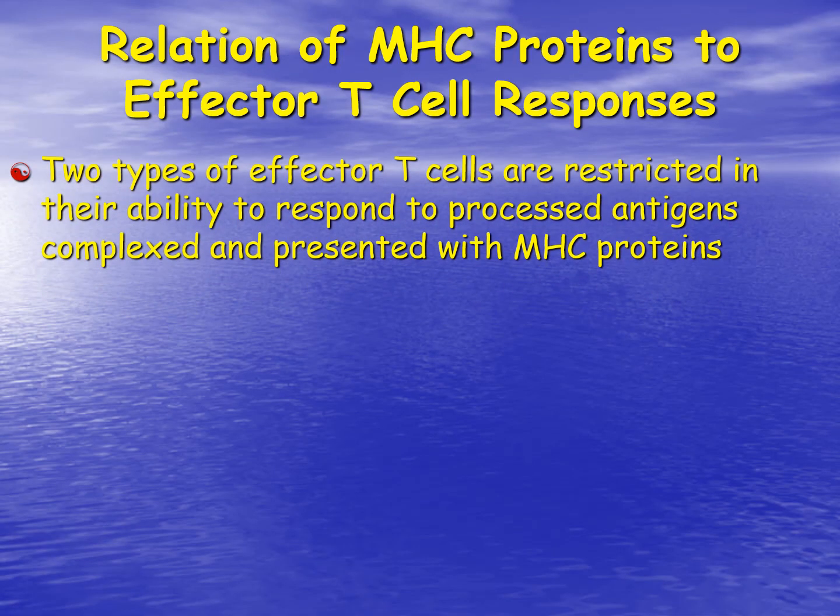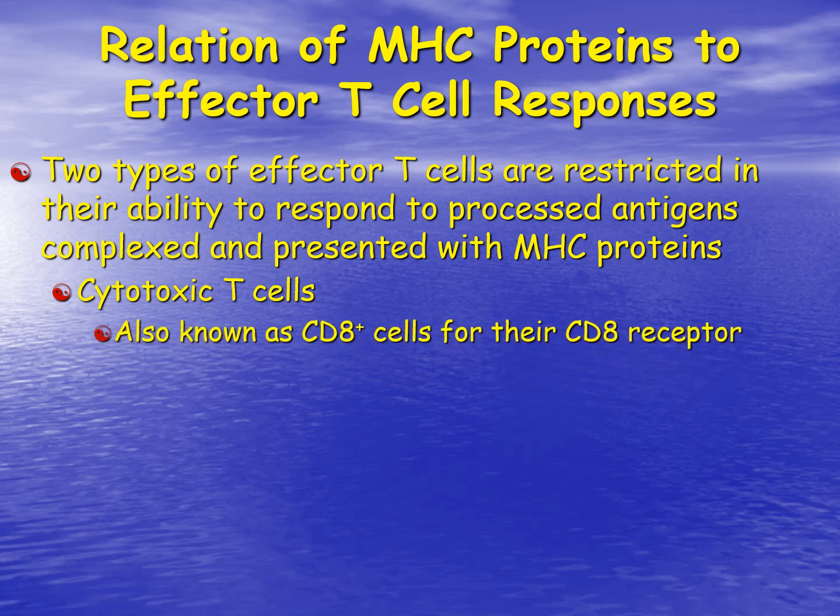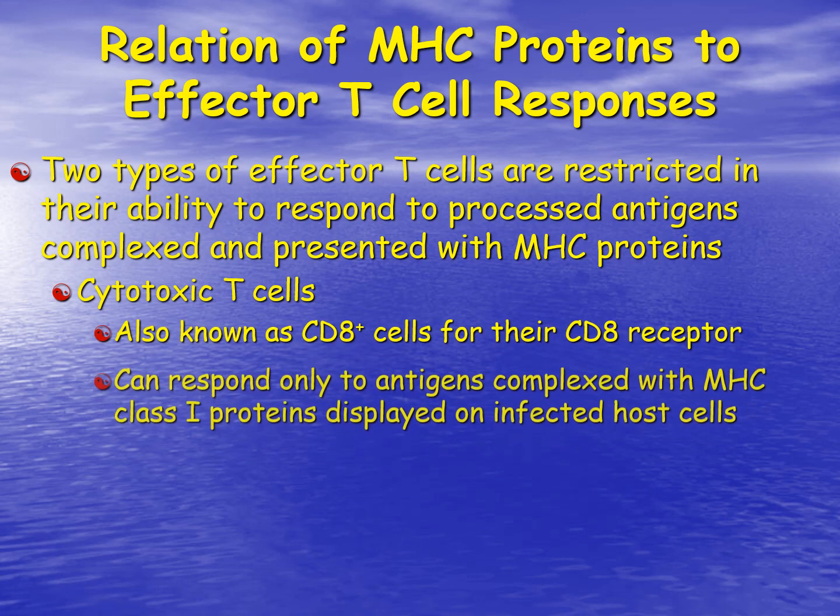Two types of effector T lymphocytes are restricted in their ability to respond to processed antigens complexed and presented with the MHC proteins. And these include the cytotoxic T cells, also known as the CD8 cells.